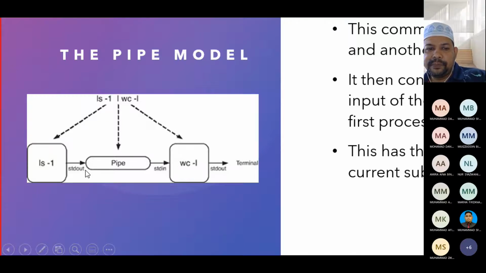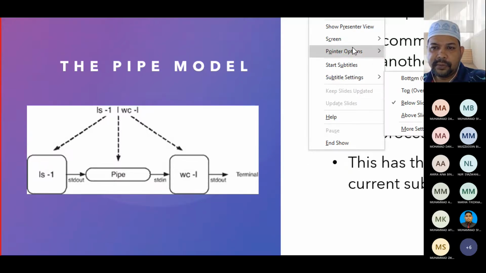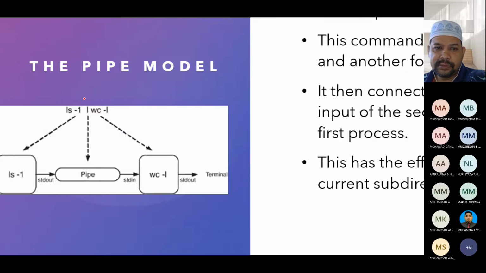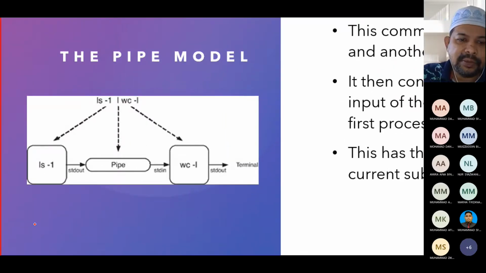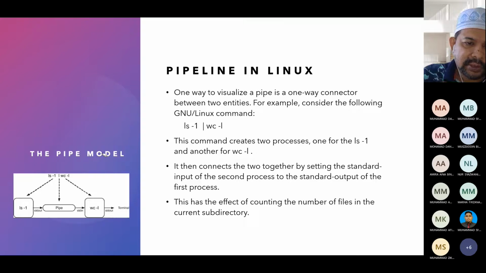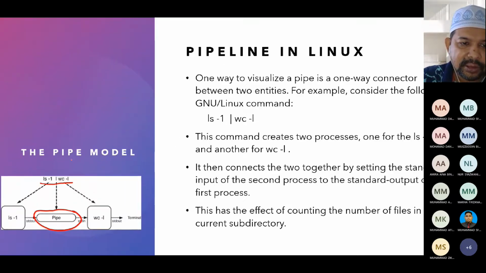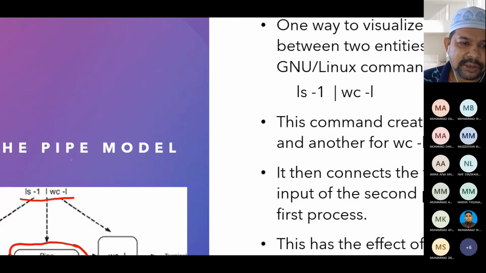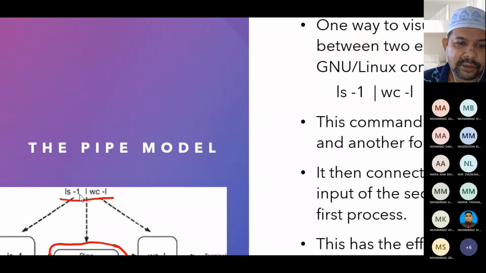Okay, so pipe, okay, so this pipe. Okay, so kita tulis command dia ls -1, okay, and then ada satu simbol kat sini, batang.